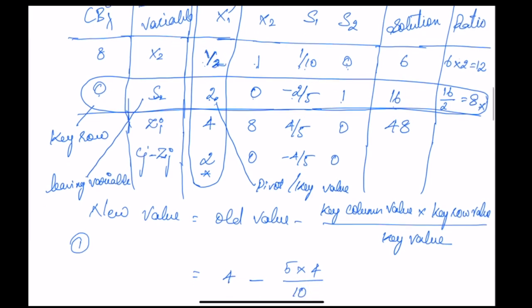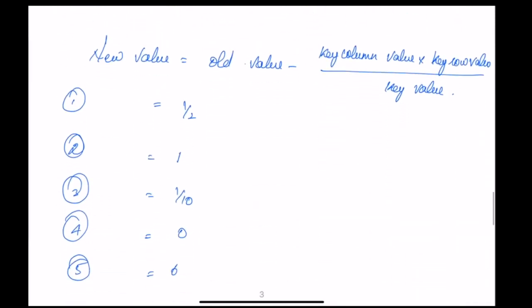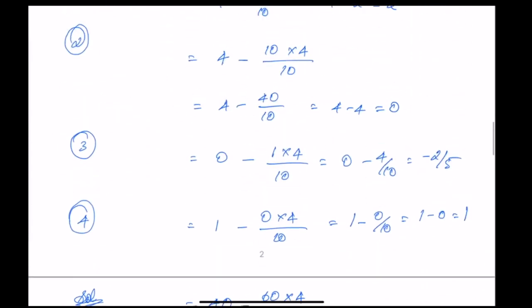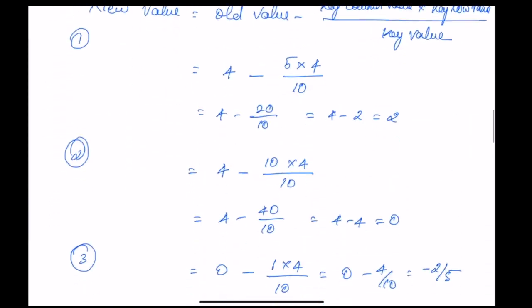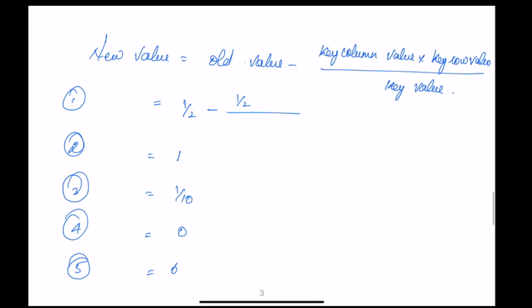Therefore, let me keep that fixed. Minus 1 by 2 by key value. What is the key value? 2 is the key value. So minus 1 by 2 into, divided by 2.